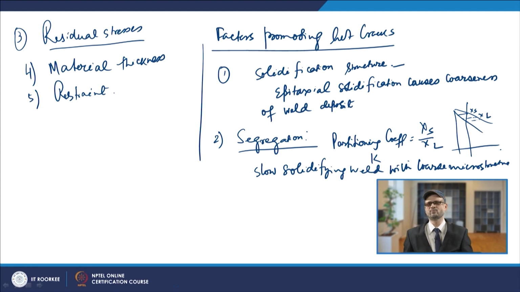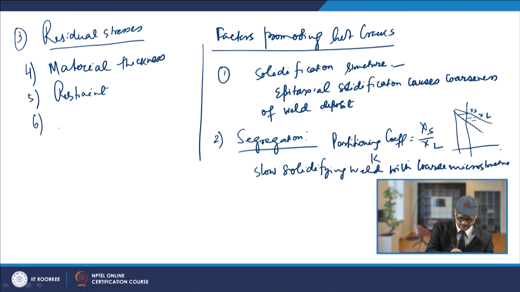If you provide those spaces for movement during cooling, then the effect of these restraints can be minimized. And many a times we take certain measures to minimize these joint restraints.